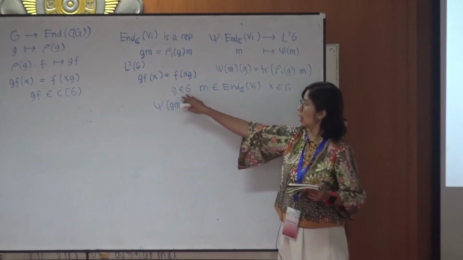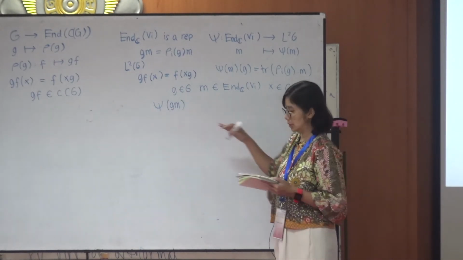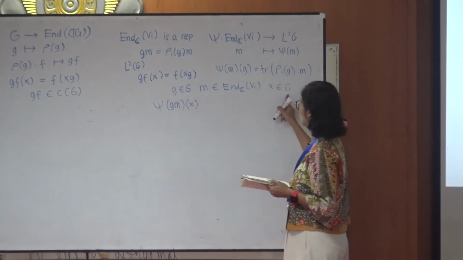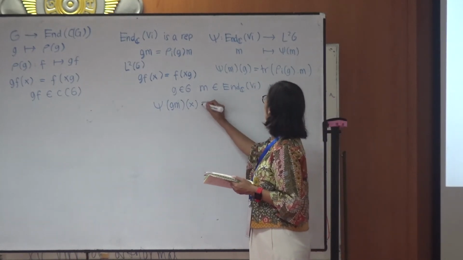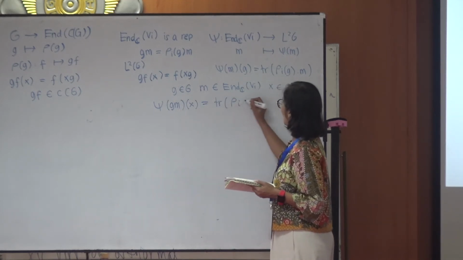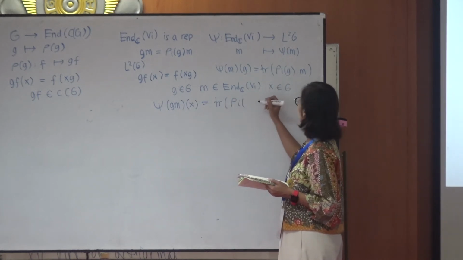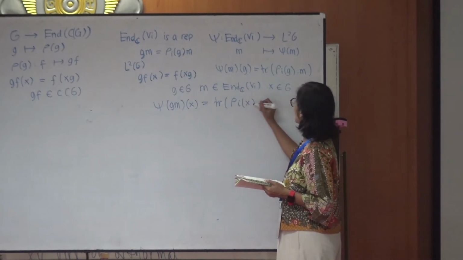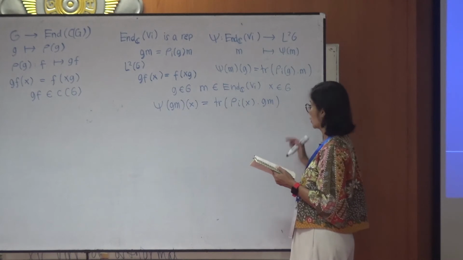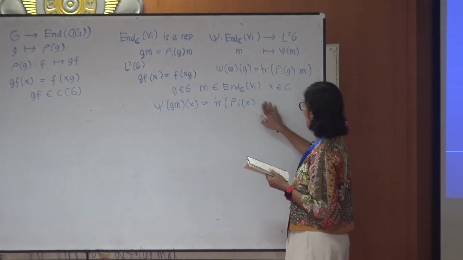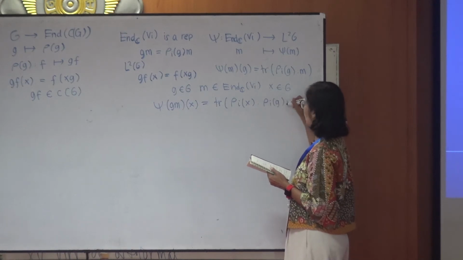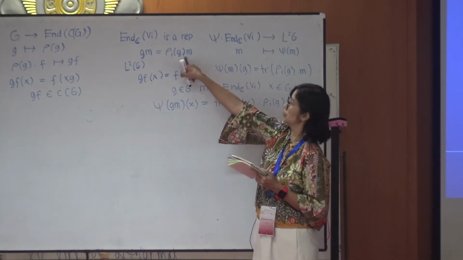And now if we have g in G, psi of gm, put it on x, where x in G, by definition is the trace of phi i of x times gm, but gm is phi i of gm here.